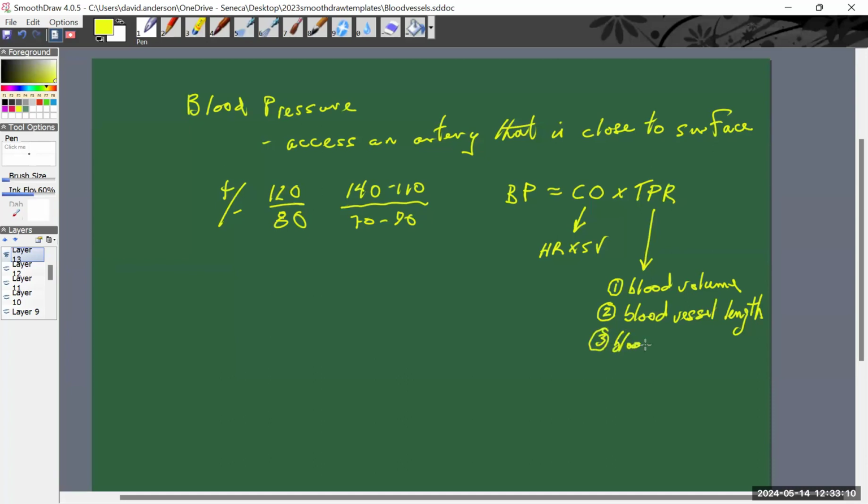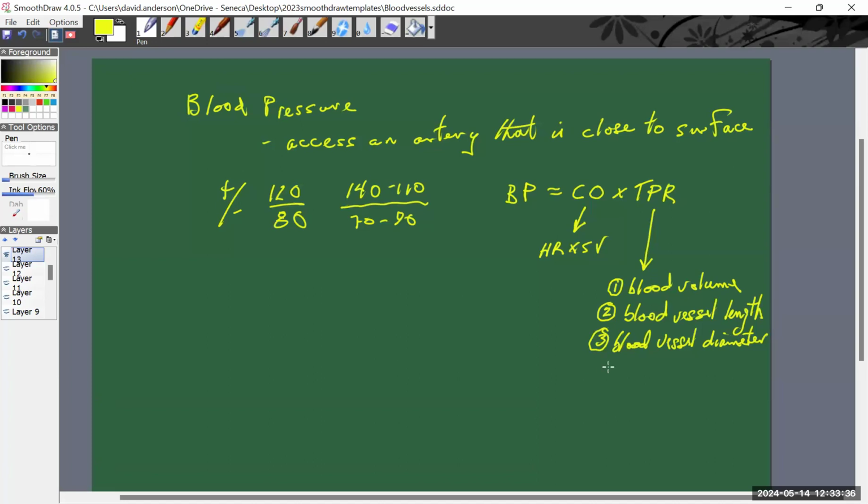Blood vessel diameter is a factor. So you can appreciate that if the diameter is less, there's going to be more resistance. It's going to be harder to push the blood through a smaller diameter, which means total peripheral resistance would go up.